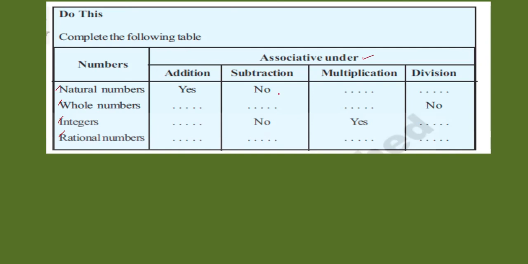Subtraction is not satisfied in natural numbers. Multiplication is also satisfied. Why? We have discussed that rational numbers satisfy multiplication, and all natural numbers, whole numbers, and integers are in rational numbers. And division is not satisfied, so you write no here.